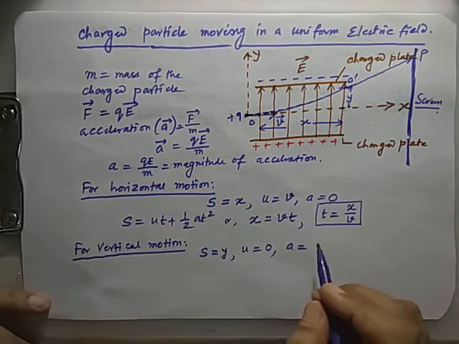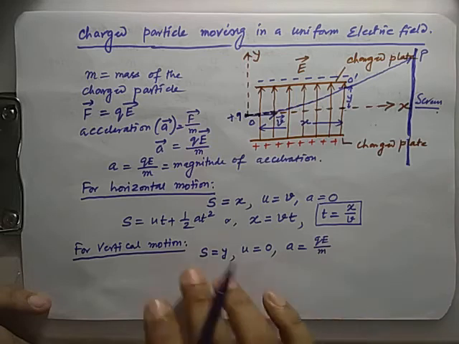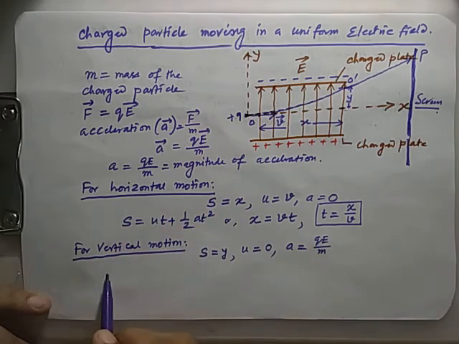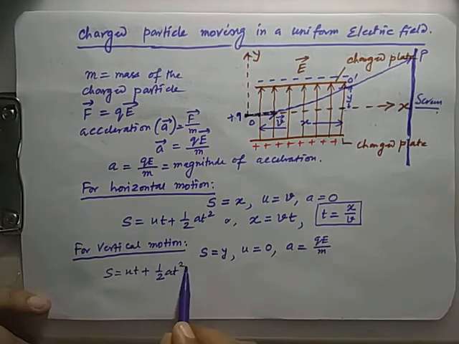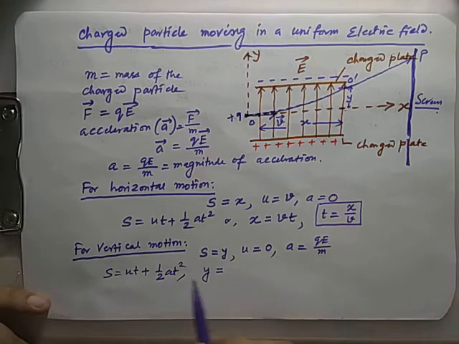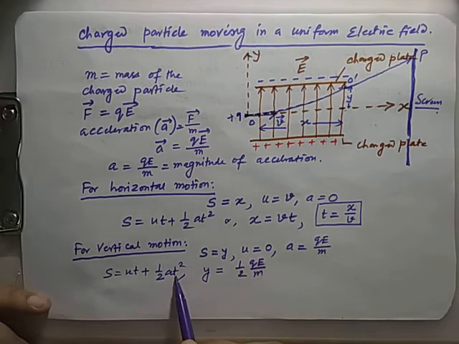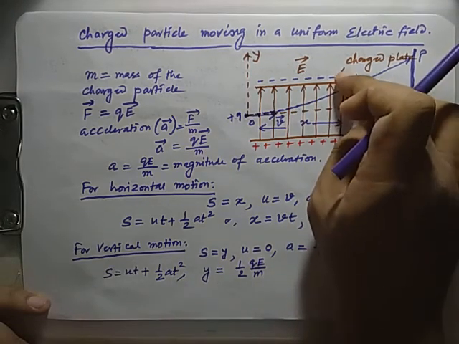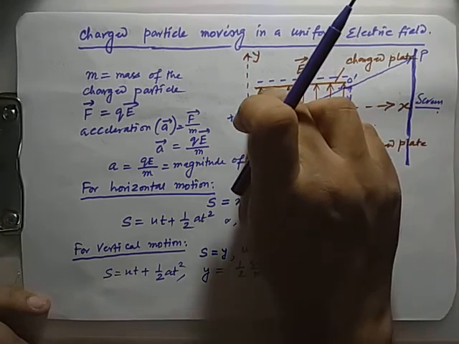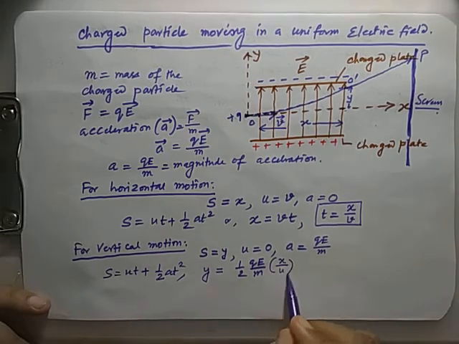Again we'll use the same equation, S is equal to ut plus half a t square. So y is equal to, this part is 0, half a, with a as the acceleration qe by m, and t is the same time it takes to go from the origin to this side, so t is equal to x by u whole square.